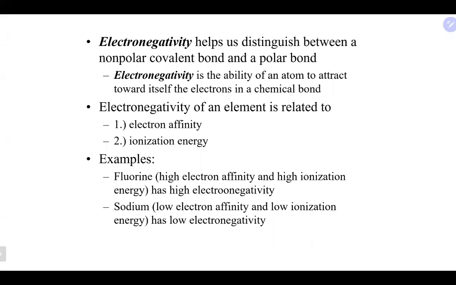It's based on ionization energy and electron affinity. So fluorine has high electron affinity and a high ionization energy, which means it has high electronegativity. It likes to bring electrons towards itself. On the other end of the spectrum, on the left-hand side, we have sodium, which has low electron affinity and low ionization energy, and has a low electronegativity.